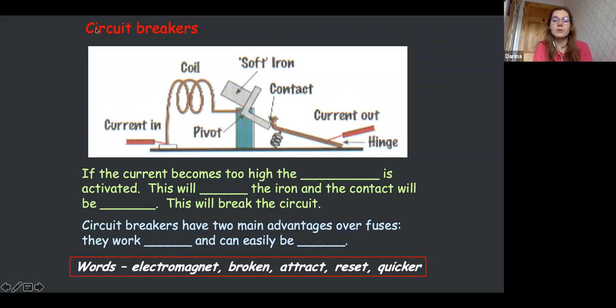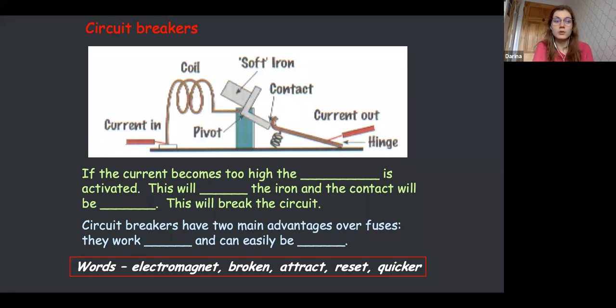So if the current becomes too high, which word fits in there? The electromagnet is activated. This will attract the iron. Remember the electromagnet's acting as a magnet.